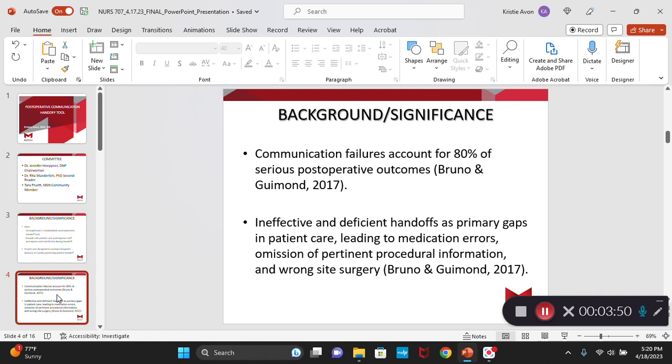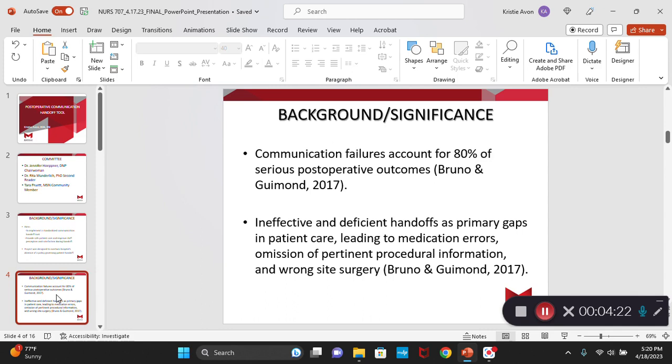There's an abundance of evidence supporting ineffective and deficient handoffs as primary gaps in patient care, as I've previously discussed. The aforementioned contributing factors to potential patient harm occur due to the process of multiple participant handovers, inconsistencies in the formation and continuity of misinformed reporting, and interprofessional false perceptions of limited risk.